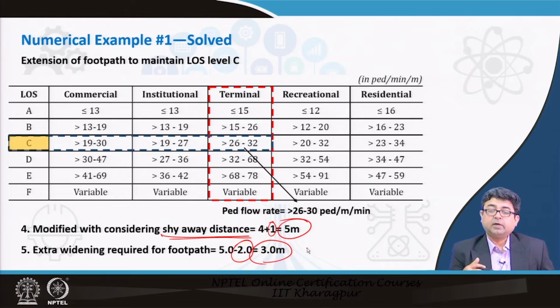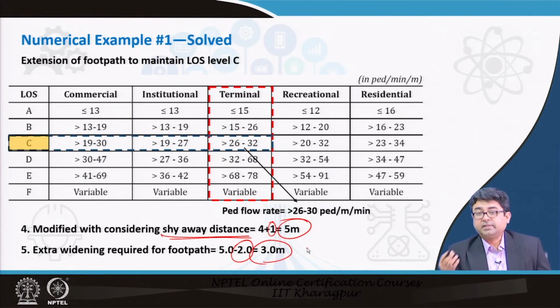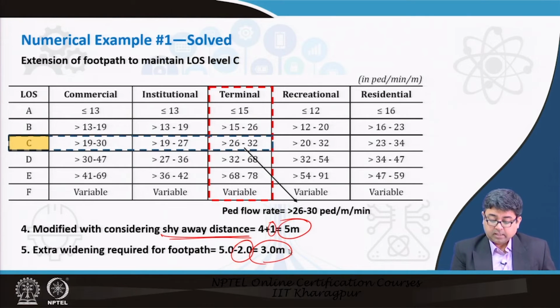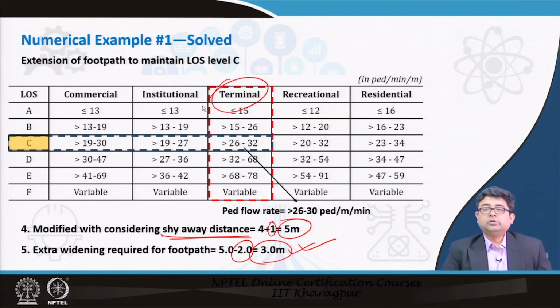If the urban local bodies now know that in order to maintain a level of service C, which is ideally what everybody would like to maintain, we would have to widen the footpath by at least 3 more meters in that particular terminal land use zone, so that people feel comfortable while walking. So, that is a good example of how to measure the width that is necessary in order to maintain a certain level of service.